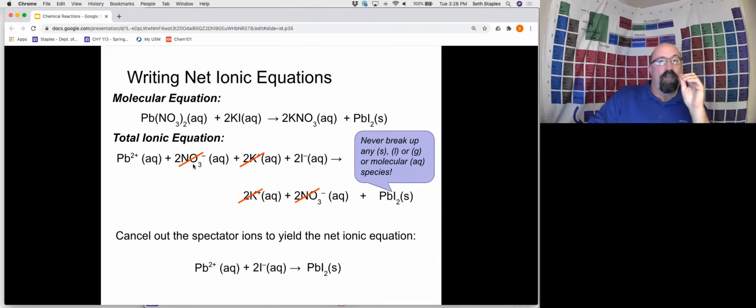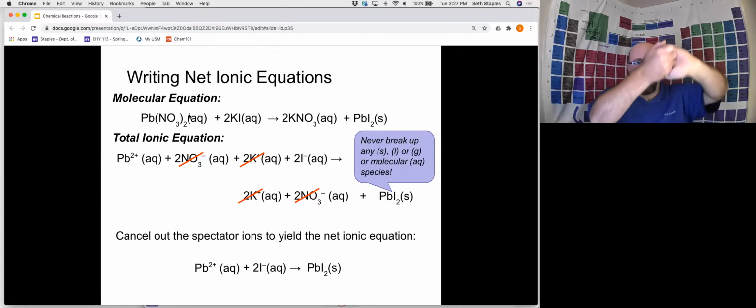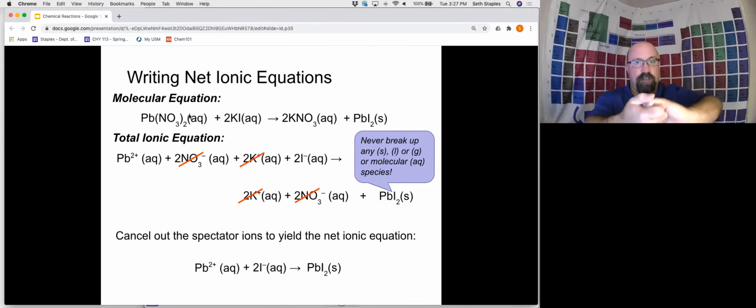And so really one of the ways that you can view this is that the only job of the nitrate is to give lead a ride to the party. That's what it's really doing. As they exist as solids, they're bound together. And so the nitrate is pulling the lead along into the reaction and into the water.